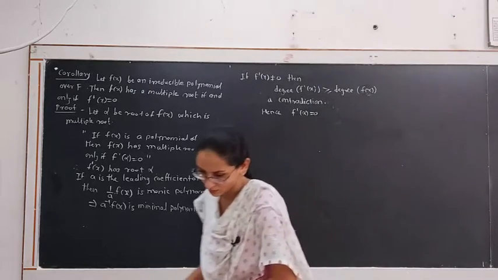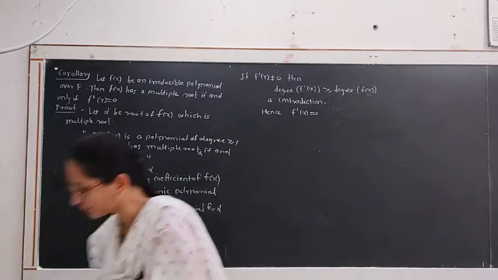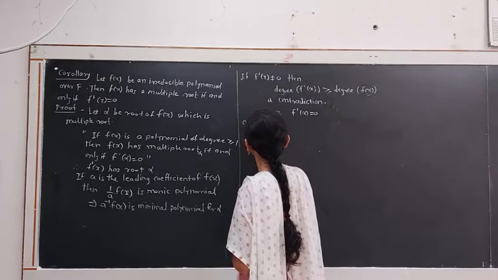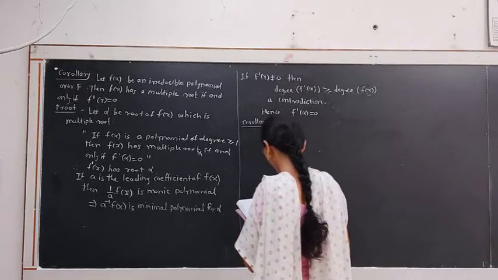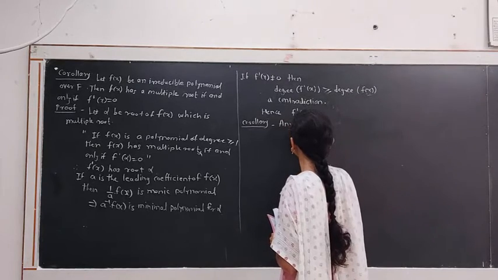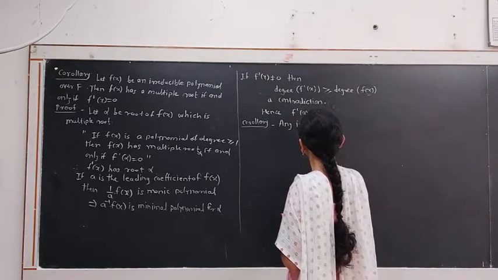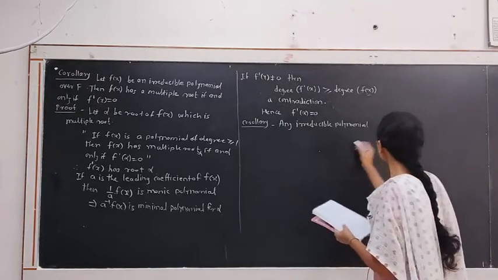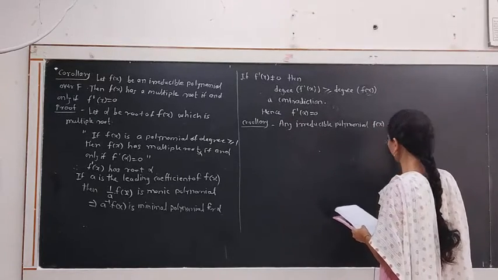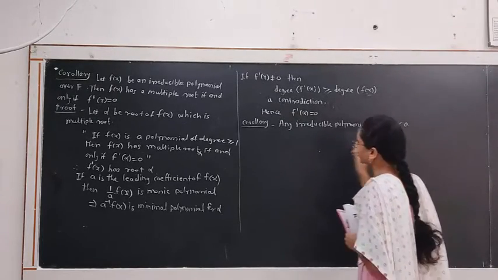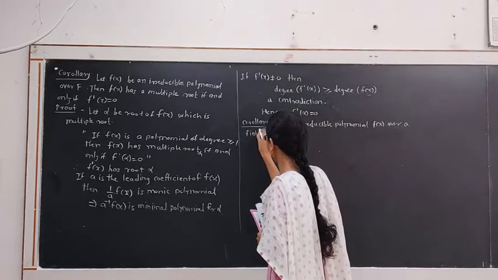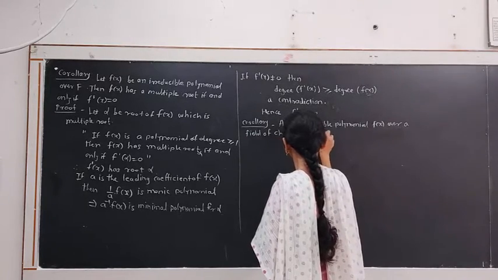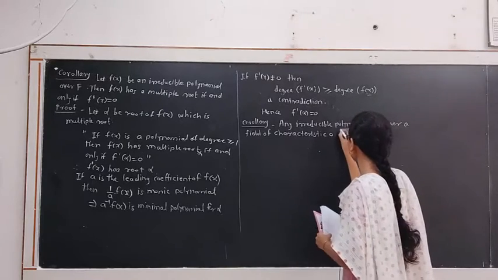Next, we prove another corollary. Any irreducible polynomial f(x) over a field of characteristic 0 has simple roots.